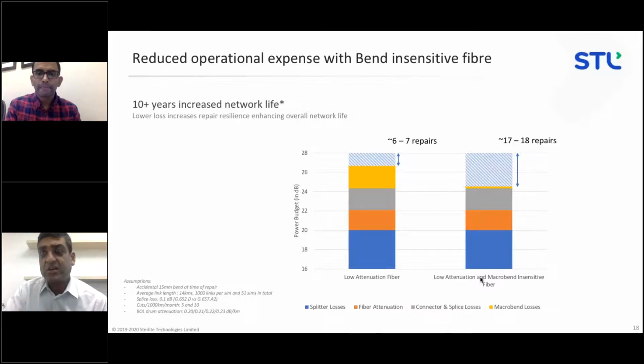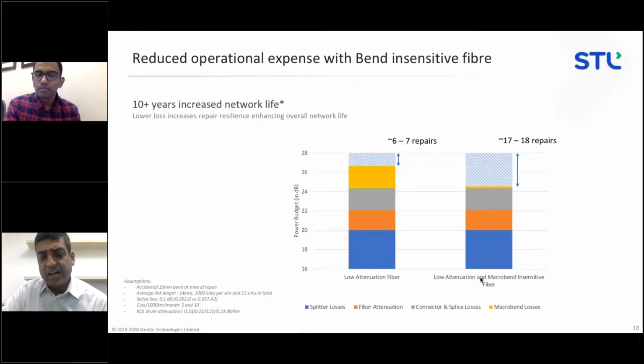What this means is that your network stays up for longer because it's the same rate of cuts per year, and we estimate that it can add around 10 years of increased network life because of the added ability to tolerate cuts and the macrobend losses that come with it.